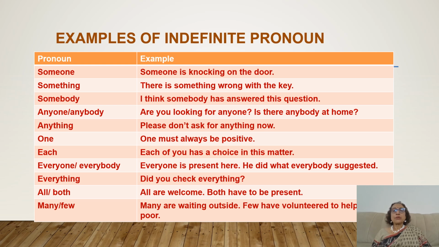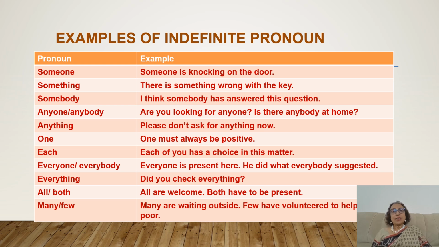Indefinite pronouns are usually used whenever we talk about something of which certainty is not there. In storytelling, etc., we can use it. But in your official presentation, in your communication, you avoid these because these are very vague.